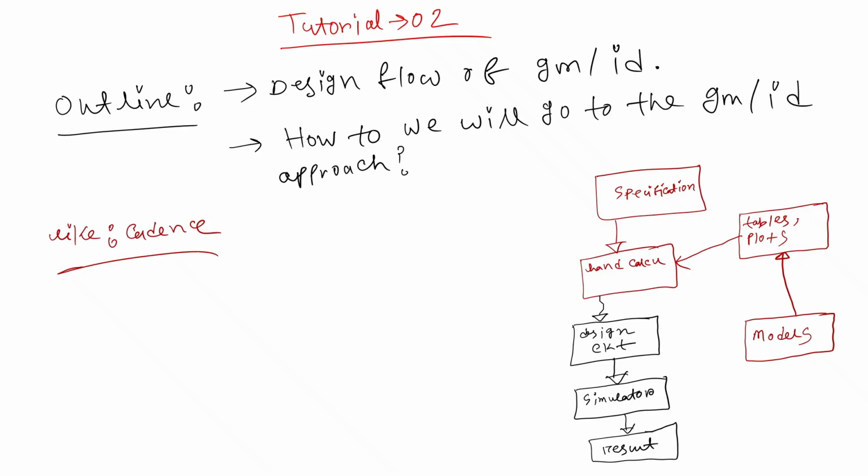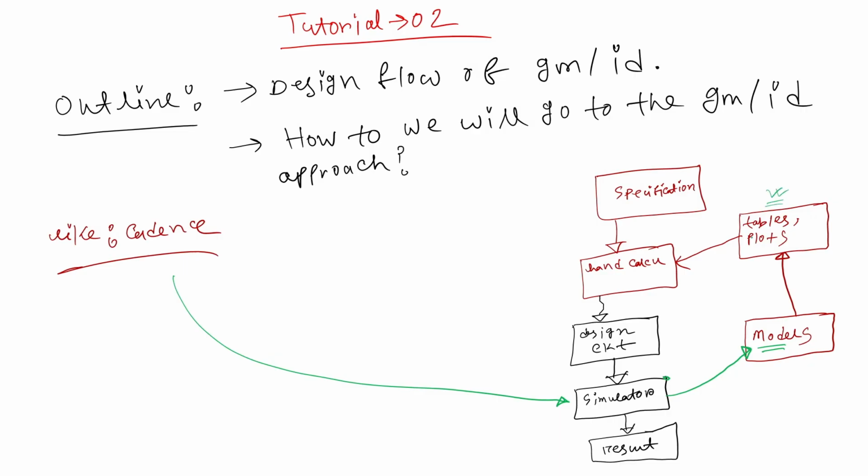The main highlighting point is that the simulator has some model parameters. These are the own parameters of the simulator. In this case, we are using Cadence, so Cadence has its own features and models. Those models are used by the simulator itself, and by using these models, we generate some plots and tables.